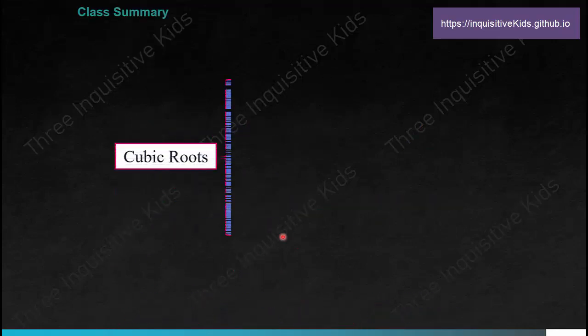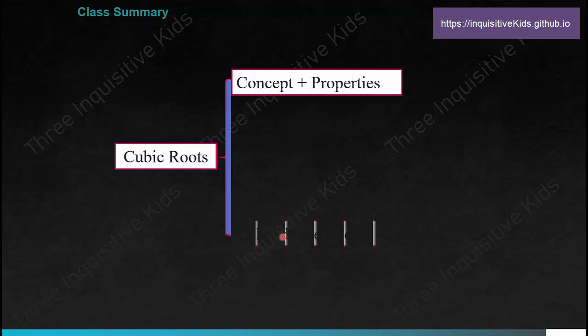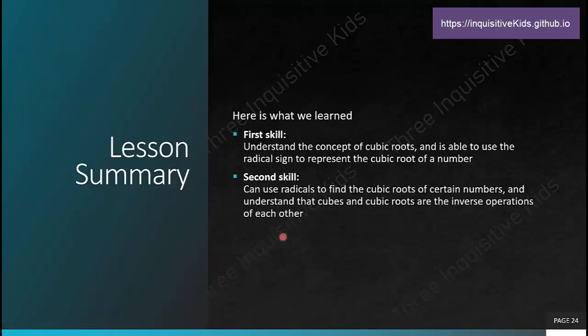Class summary. We learned all about cubic roots, their concepts and properties, and related operations like inverse operations. The 2 skills I want you to come out with today are, first, understand the concept of cubic roots and be able to use the radical sign to represent the cubic root of a number. Second, use radicals to find the cubic roots of certain numbers and understand that cubes and cubic roots are inverse operations of each other.